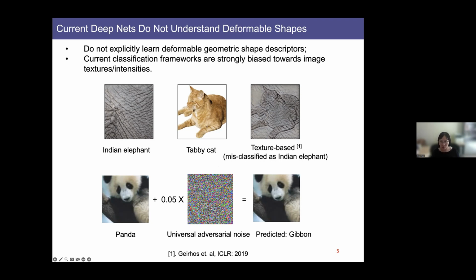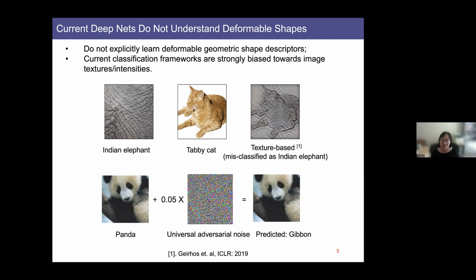Another very interesting example, which most of you already know, is that if you add adversarial noise in the image space, you can easily fool the classifier to misclassify the object, for example a panda shown in the image is predicted as a gibbon, a completely different animal. All these vision tasks show that current deep networks do not really understand global shape information.